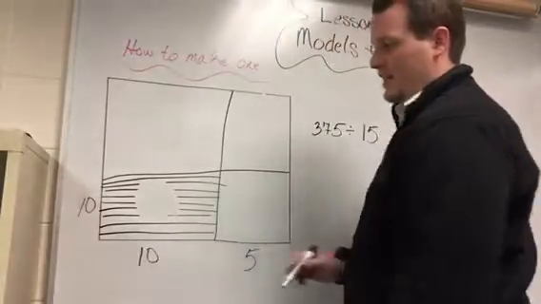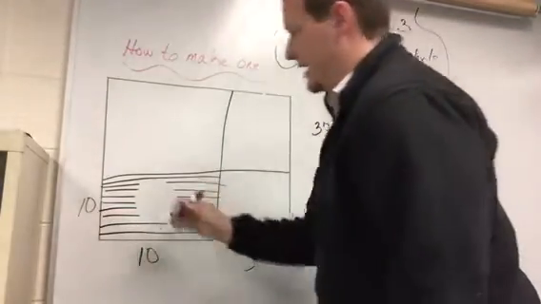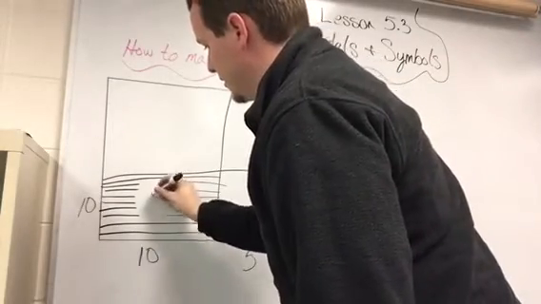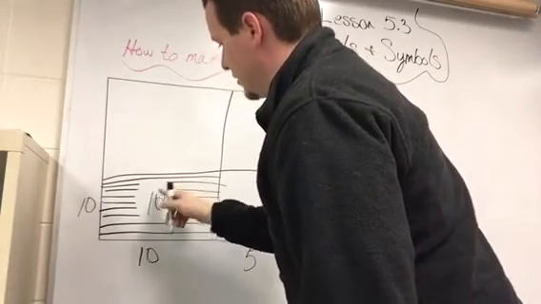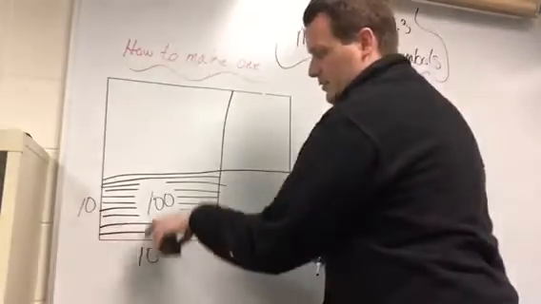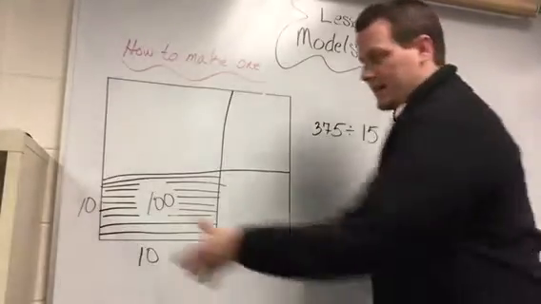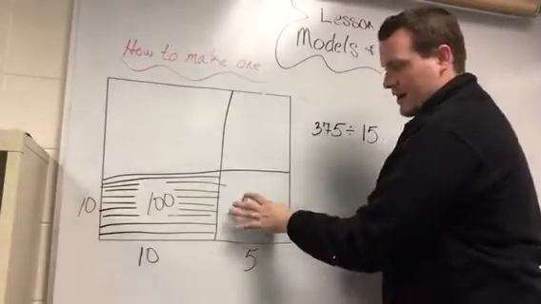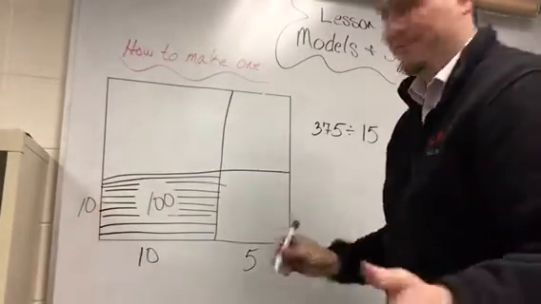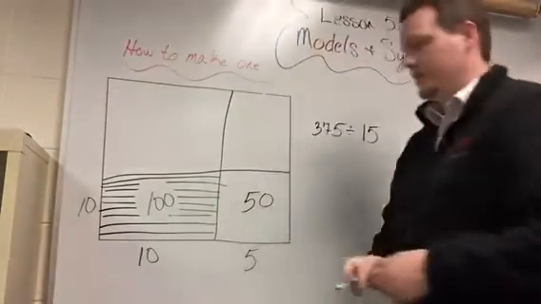So this whole section here, we can find out how much that is by multiplying 10 times 10. And we know 10 times 10 is 100. And if we do 10 times 10 equals 100 for this, what do you think we would do for this square? Right, 10 times 5. And what is 10 times 5? Yeah, 50.